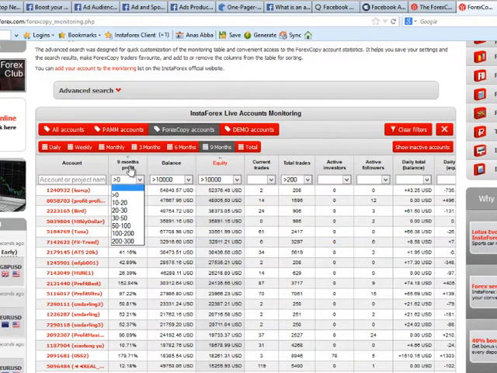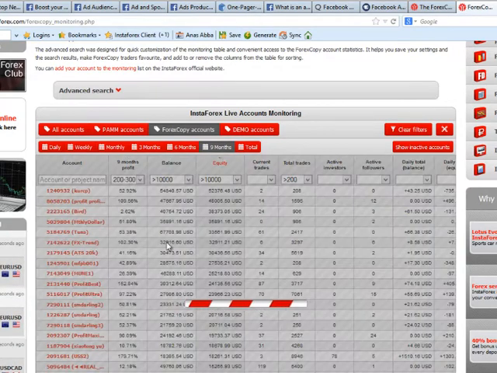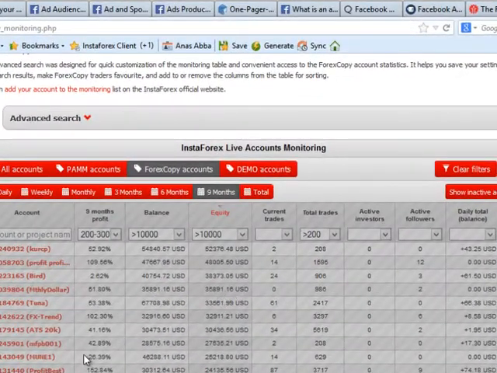This is the profit within a 9-month period. So when you select 200 to 300, like I just did right now, you would only have traders pop up who have had a gain of 200 to 300% ROI show up in the monitoring page.